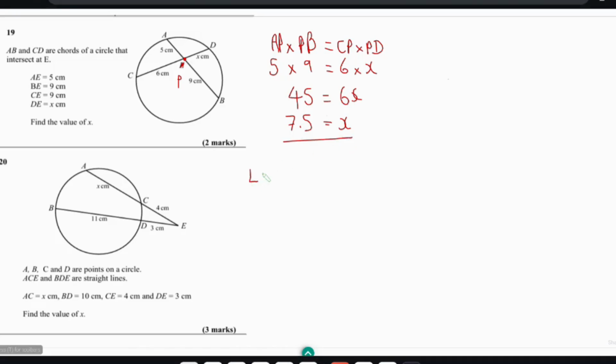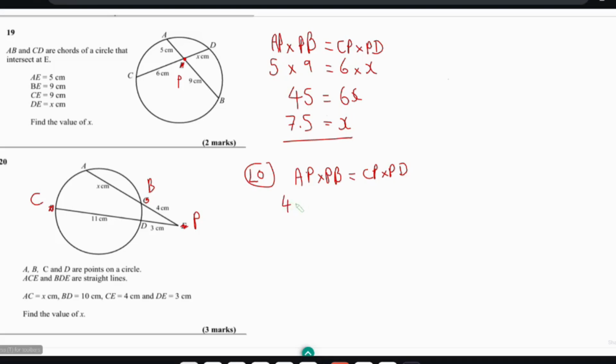And question 20. Again, I'm going to relabel this as P. So we've got A. I'm going to also relabel these as B and C. AP times PB is equal to CP times PD.